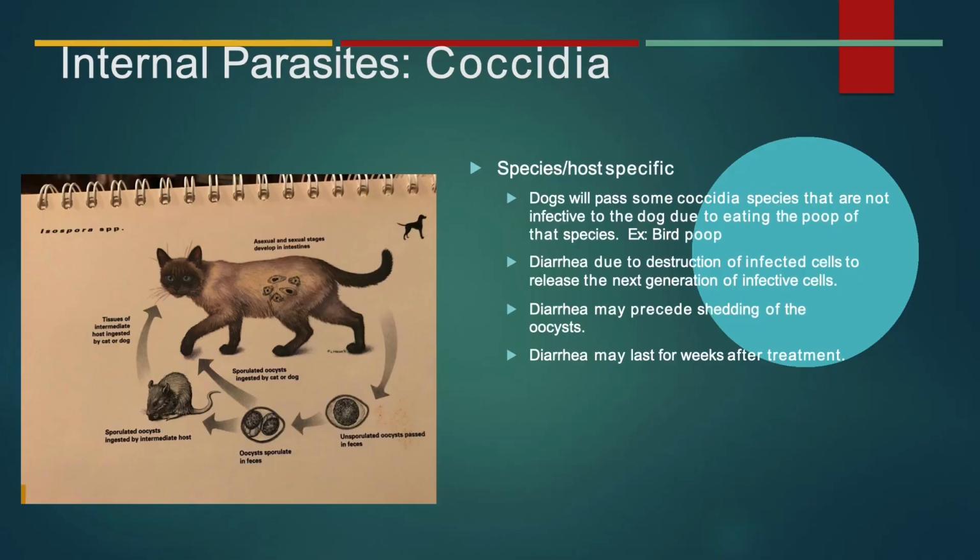So coccidia, we see this more in cats, but dogs can get it as well. This also has basically two cycles, where it can go through a little critter and cats can get infected, as well as directly from the ground or the environment. Yes, dogs are great at passing these. They show up all the time.